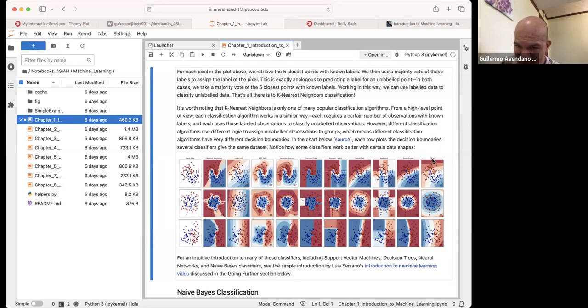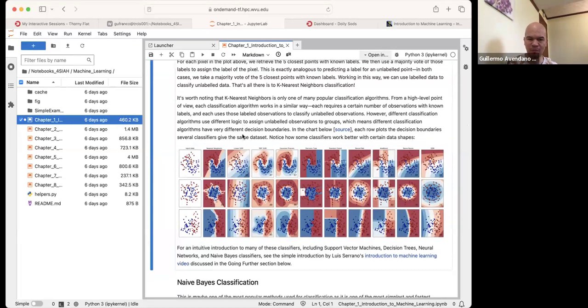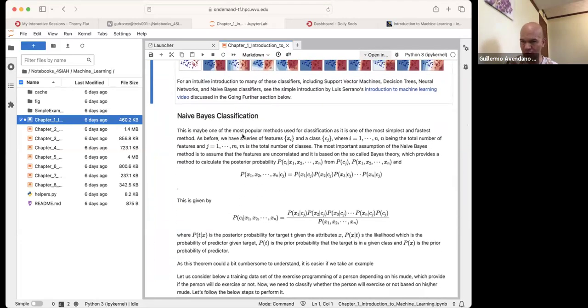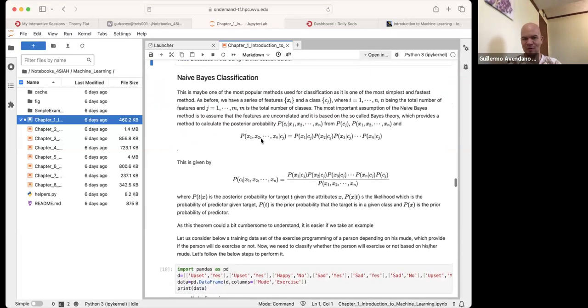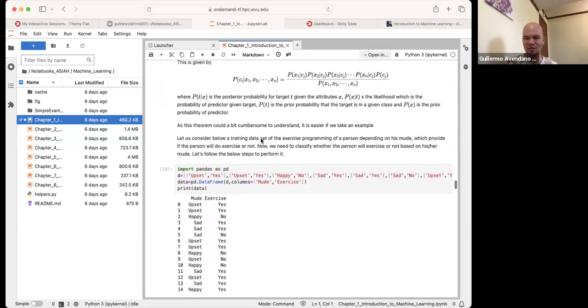So here, on the columns are different models, and how those models represent the classification. So that is what it describes here. There are other models that are inspired more in statistics. So this is one example, and here are the descriptions of the Bayes theorem and how that was used.